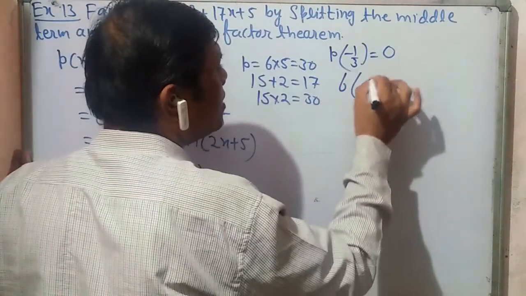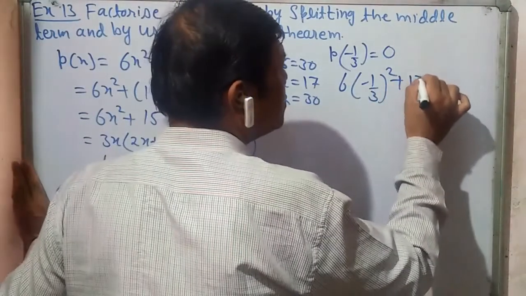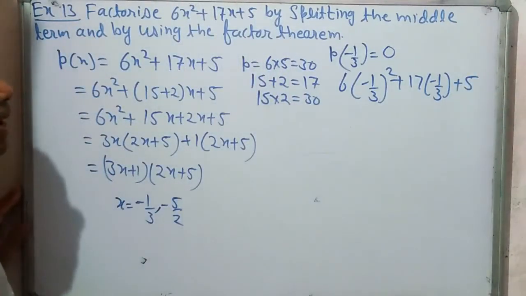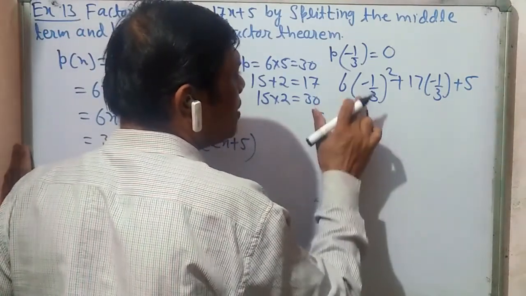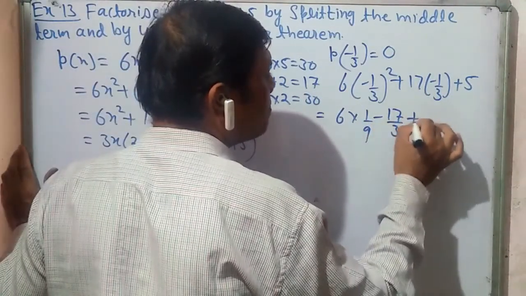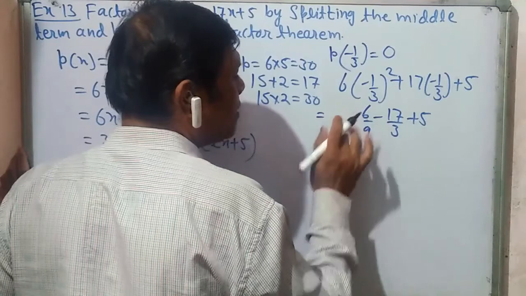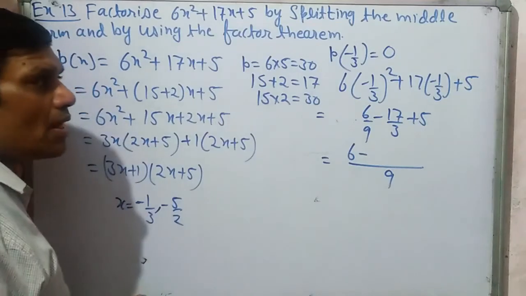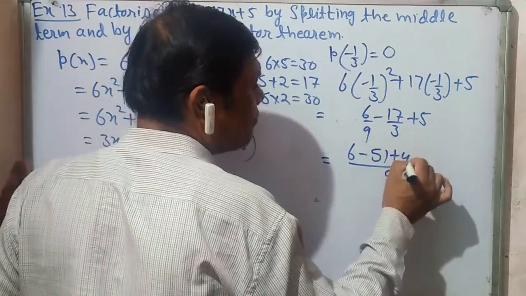We have 6 into (minus 1 upon 3) square plus 17 into minus 1 upon 3 plus 5. This should give us 6 into 1 upon 9 minus 17 upon 3 plus 5. I am putting this as 6 upon 9 and taking LCM 9. 17 times 3 is 51, 5 times 9 is 45.